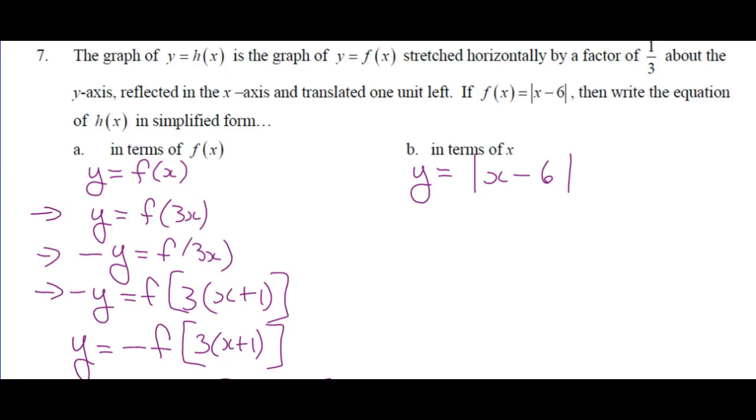I'm going to write 3x. That's the horizontal stretch. What about the other stuff? You keep it in there, because we're not going to get rid of it. You see x, you replace it with 3x. Reflect, you see y, you replace it with negative y.